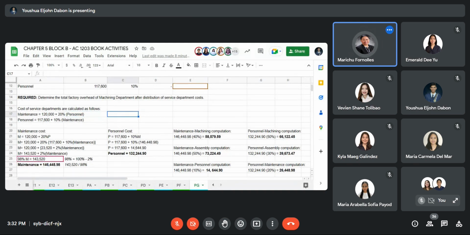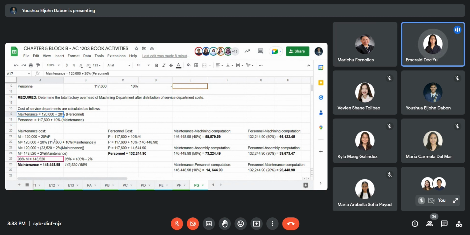M equals... What's your equation to get the overhead of the machining department after allocating SDC? Your equation. The equation, ma'am, is M equals the cost before distribution, which plus is how much?